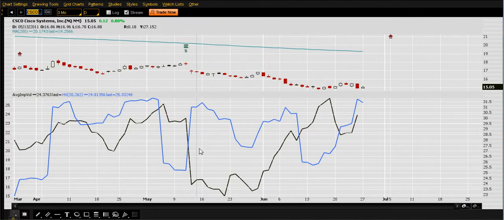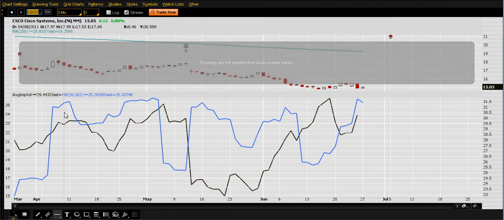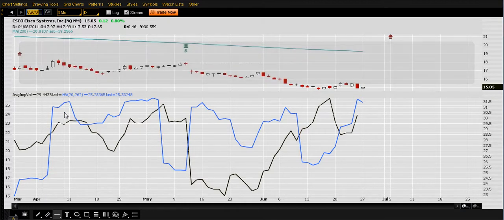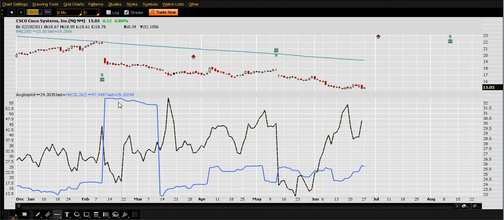Something that has proved useful to me is that implied volatility very rarely goes above historical volatility. Well, it rarely goes above the peaks in historical volatility. So, for instance, if we go back to the 6-month chart here, for only about a day, implied volatility got above the historical volatility.